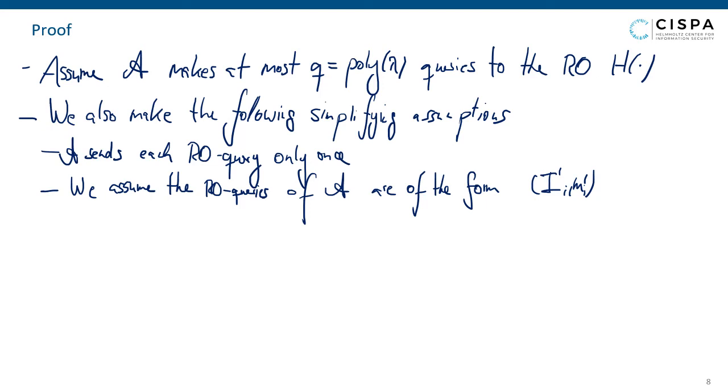That is, it only makes queries of the form that we actually use in the protocol. If it makes queries that don't start with such an II prime, then obviously it won't be able to use such queries to make a forge later.